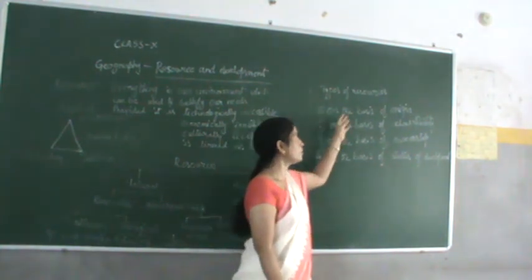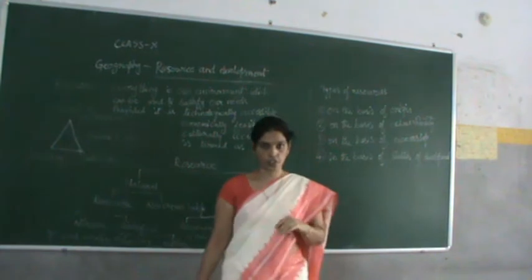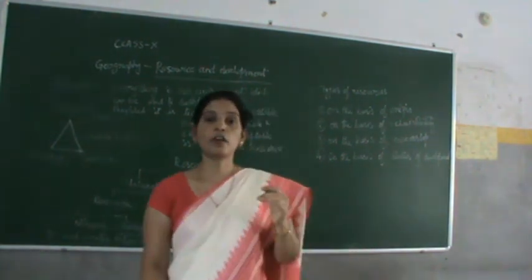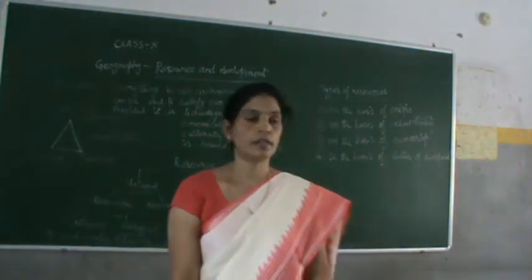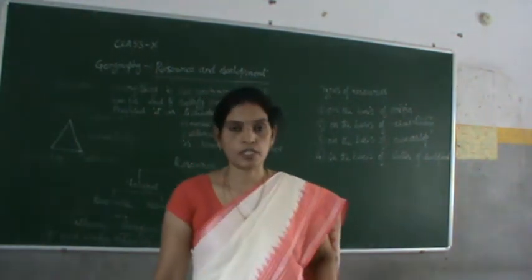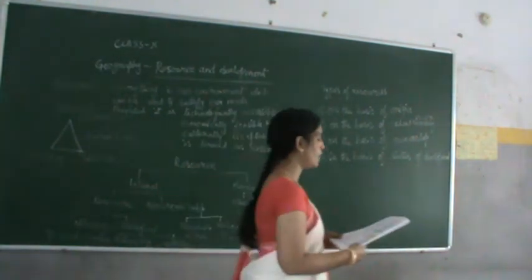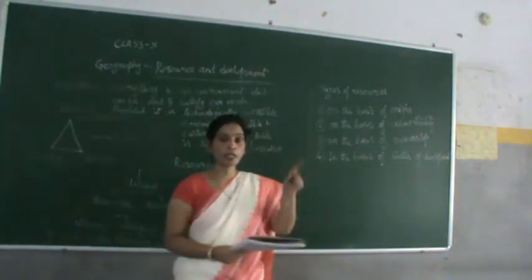Let us look into each type of resources on the basis of their origin. What do you mean by on the basis of their origin? There are two types, biotic and abiotic resources. Biotic resources are the resources which are obtained from the biosphere.